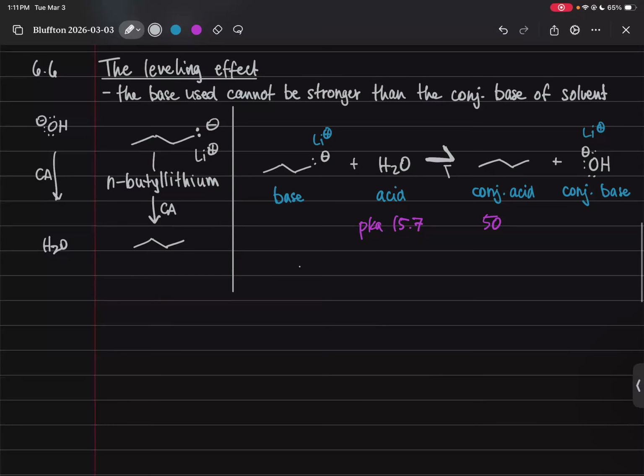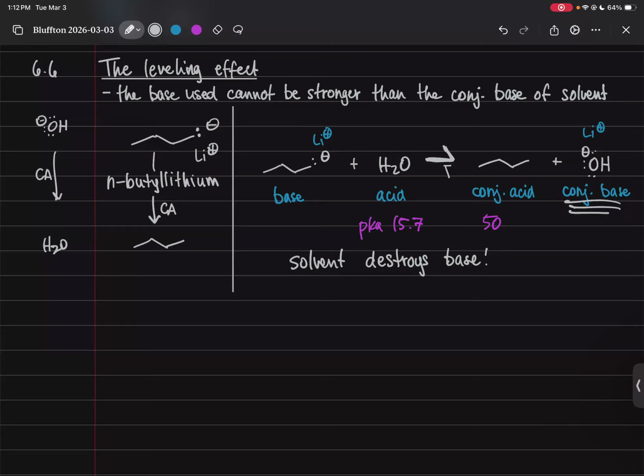So, obviously this is a big problem because we would really like to use water as a solvent for as many reactions as we can. But if you need a base that is stronger than the conjugate base of your solvent, so if we need to use a base stronger than hydroxide, you cannot use water as a solvent.